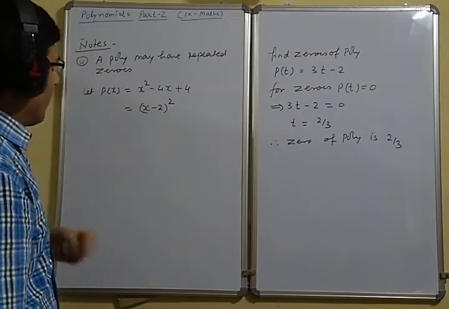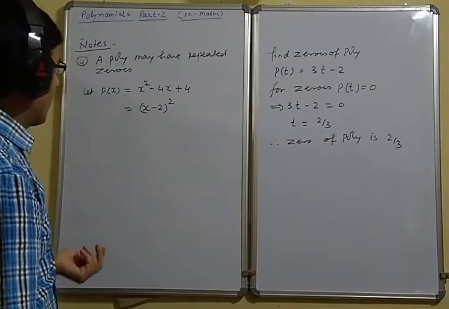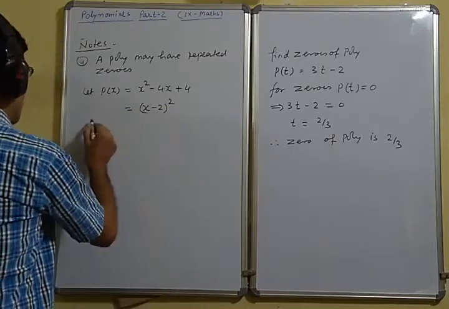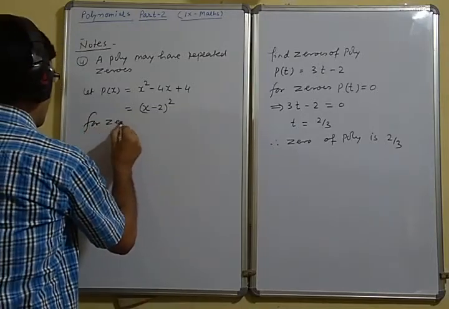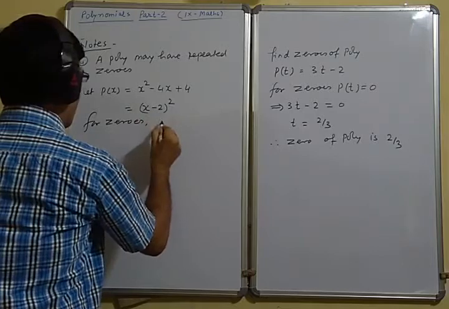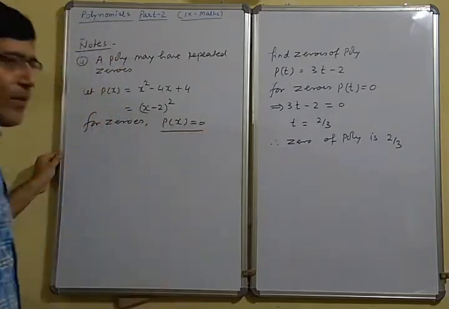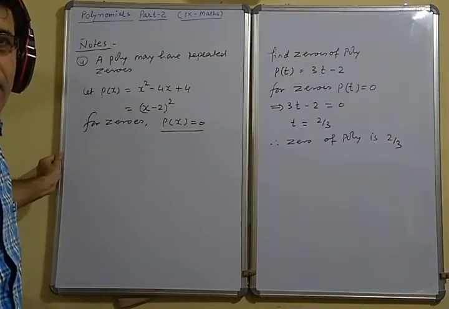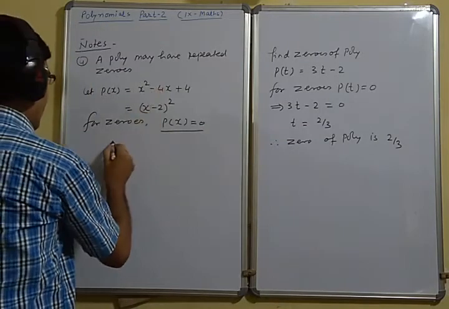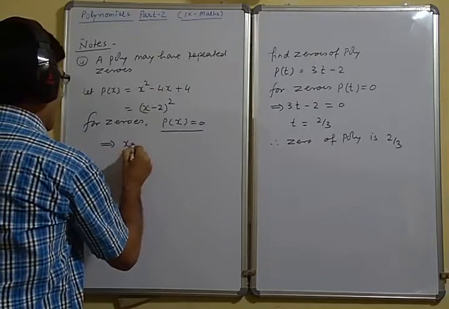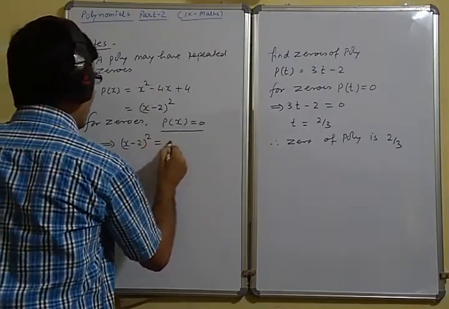Now for zeros, p(x) becomes 0, which implies that (x minus 2) whole square is equal to 0.